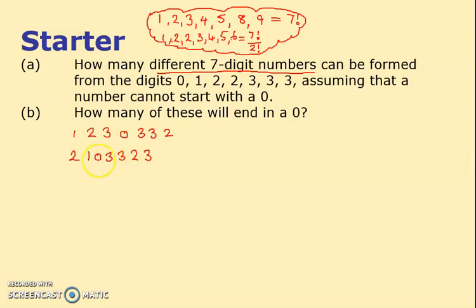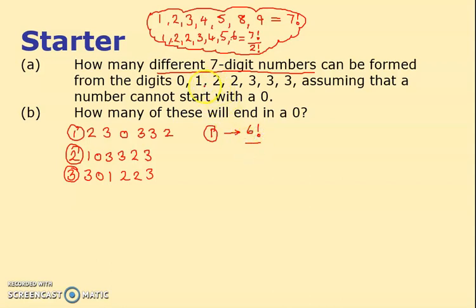Or I could, I suppose, start with a 3. That's 3, 3, 0, 1, 2, 2, 3. So those are possible options. And I think it matters which one I start with, because what's left then determines how it goes on. So by that I mean, if I start with a 1, I think I've got 6 numbers, 6 factorial.